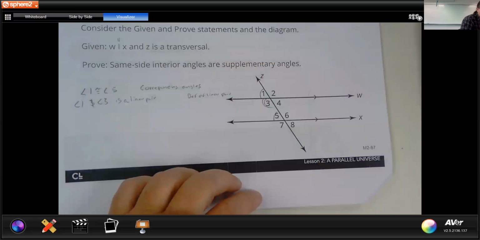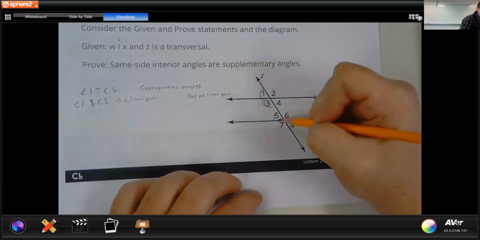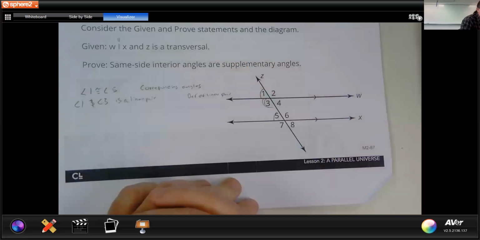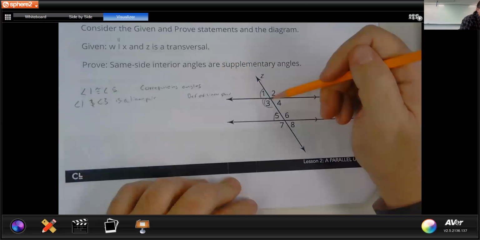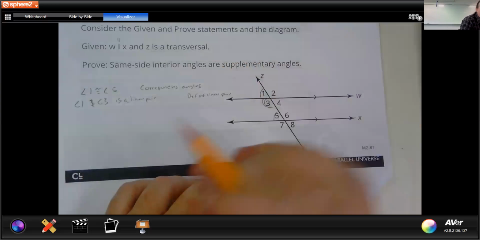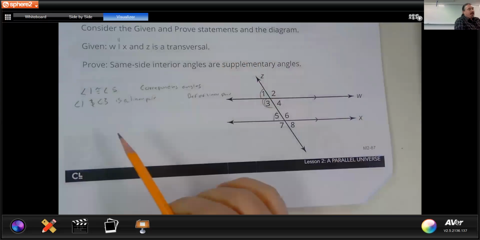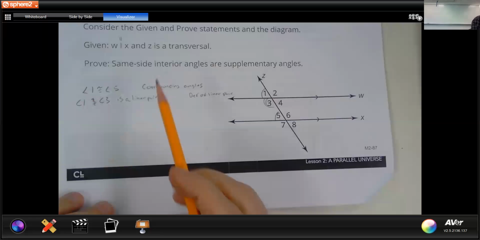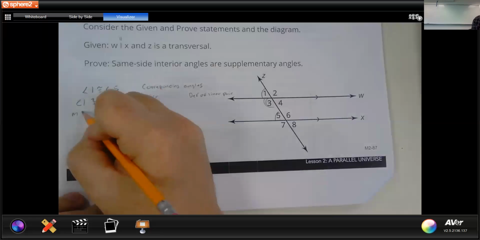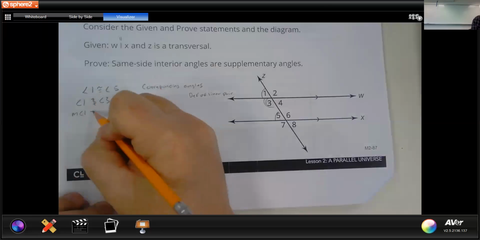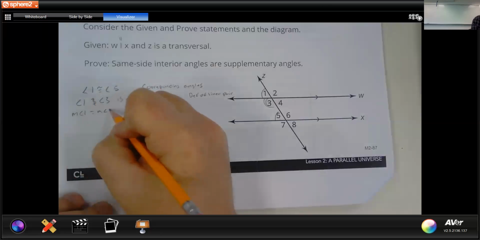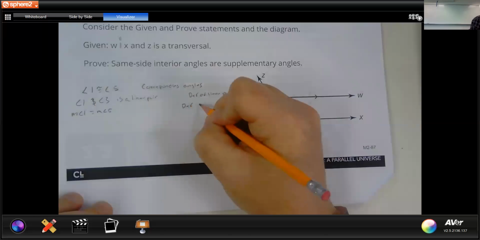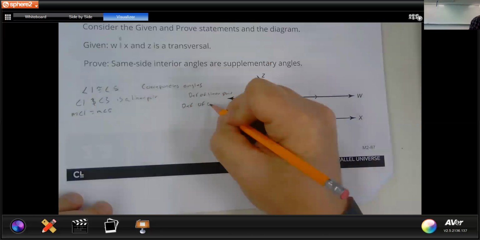So if I'm looking at this, I have corresponding angles. They're congruent. I've already shown my linear pair. So let's talk about what that means. So don't forget to convert this. What does it mean to have angle 1 congruent to angle 5? Well, we know that the measure of angle 1 equals the measure of angle 5, because that's the definition of congruent angles.